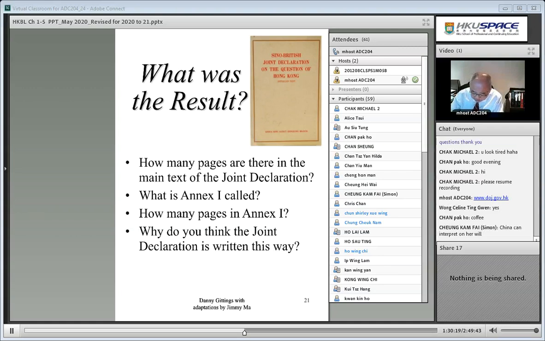There are these questions which I thought are very useful for you to get familiar with the provisions of the Basic Law, and at the same time will realize the practical relationship between the Joint Declaration and the Basic Law.